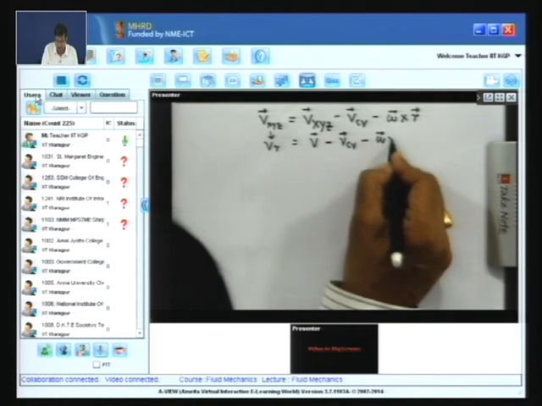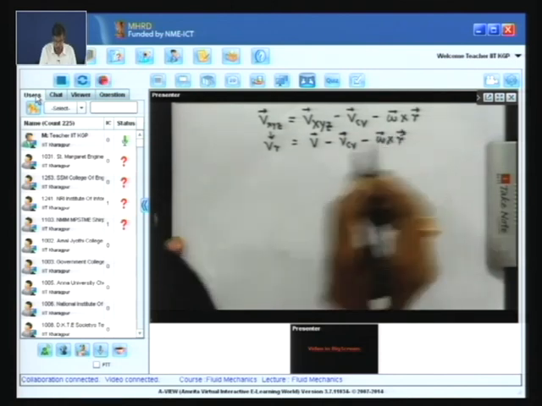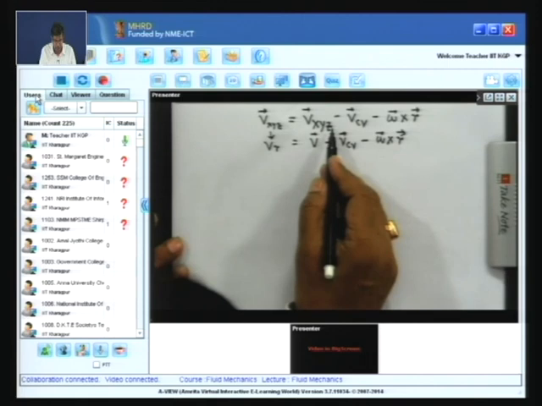Similarly for acceleration, one can get it not directly by differentiating this; you have to come through.